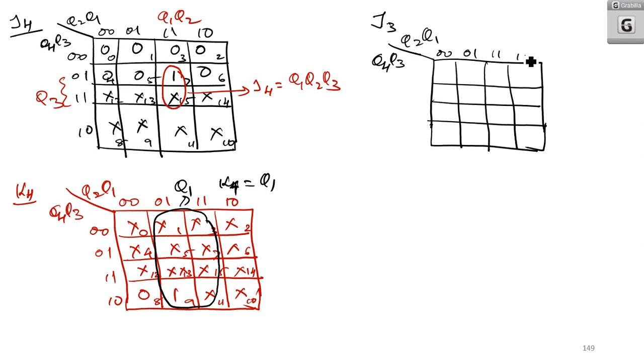The cells are numbered 0 to 15, and 10, 11, 12, 13, 14 and 15 are don't care.